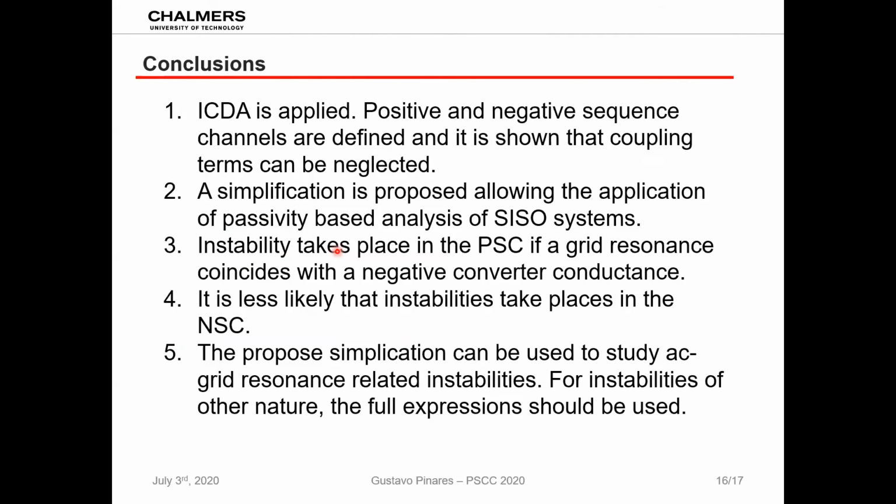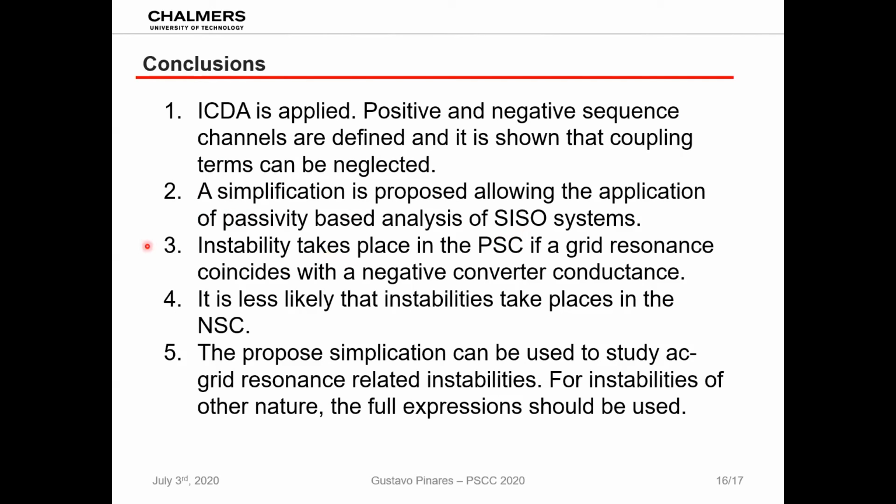So the conclusions: the first one is that we show that we can have positive and negative frequency channels, and that the coupling terms can be neglected. We have further simplified the channels, and we see that we can use, for example, tools like passivity-based analysis in SISO systems.